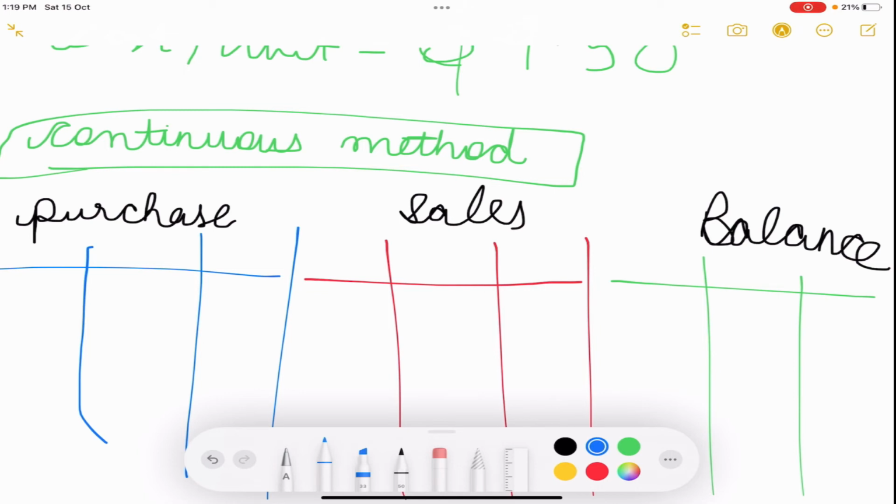Okay, so you have date, you have unit, amount, and total.